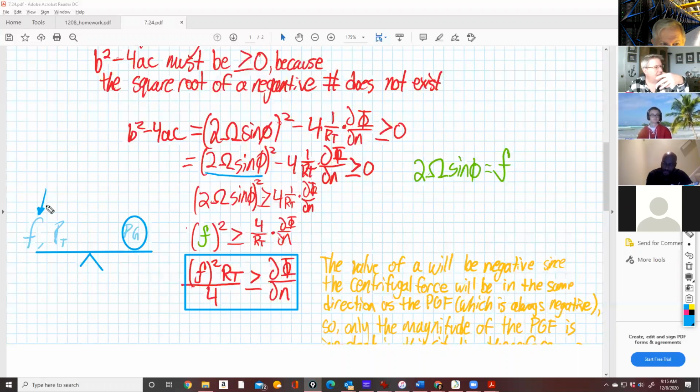We know that the variable is F. We know that RT is there, the radius of trajectory. And then this is basically the pressure gradient force. Here they're using the geopotential. You could use geopotential height, you could use pressure gradient, whatever you wanted to use. It's the pressure gradient force. So I said, okay, what is F? Is this really a variable?